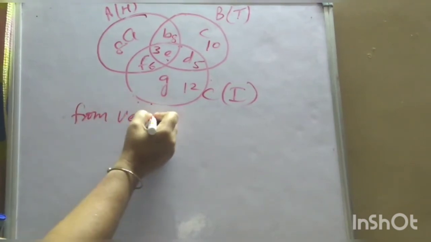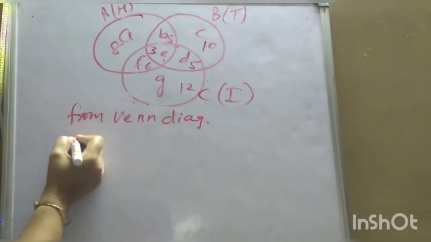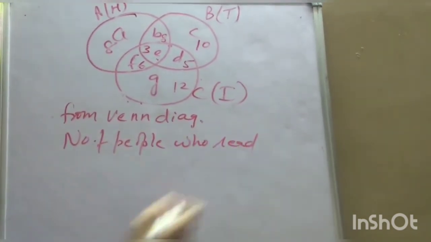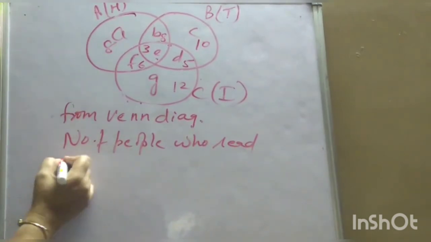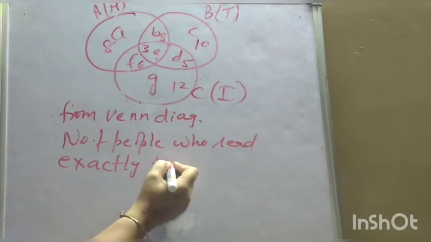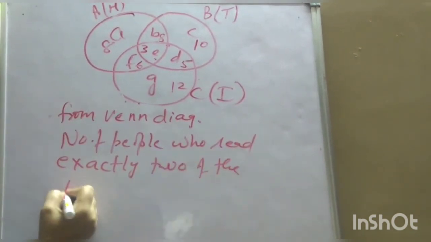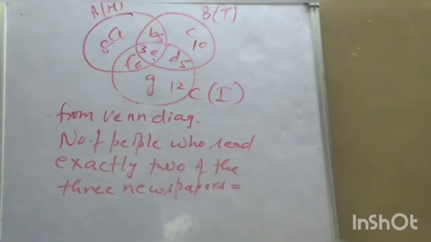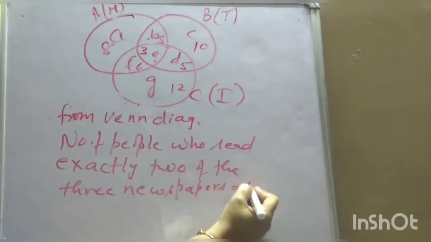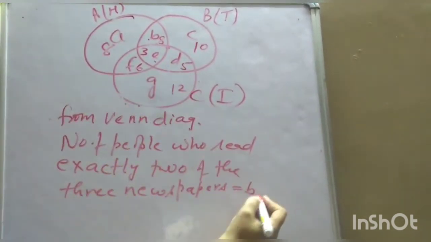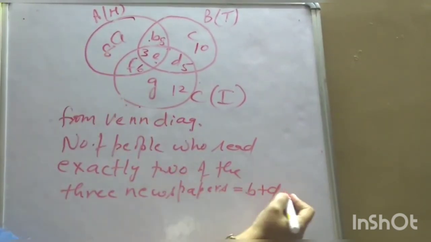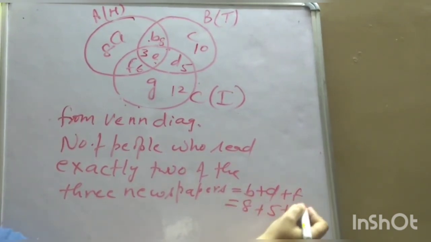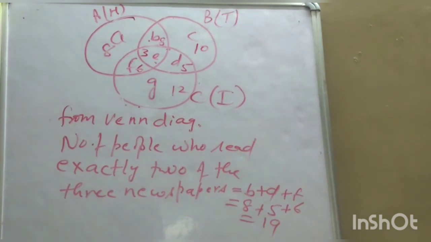It means from the Venn diagram, the number of people who read exactly 2 of the 3 newspapers is equal to B plus D plus F. It means 8 plus 5 plus 6, 19.